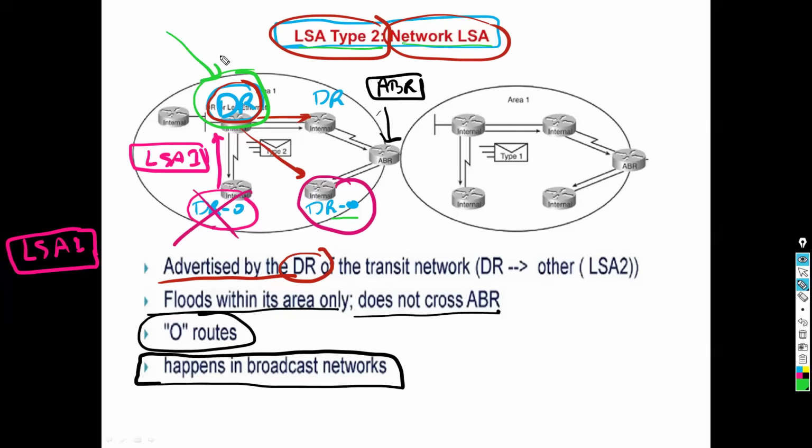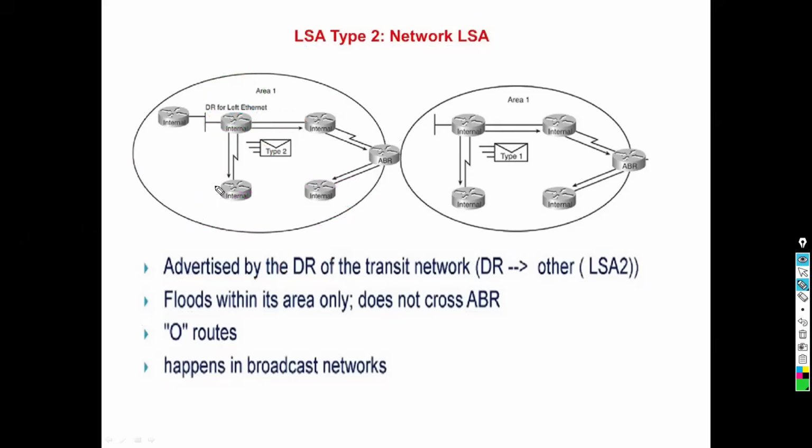What is LSA 1? It's a very important topic. If you are giving an interview, in OSPF they will ask you to explain LSA 1 and LSA 2. LSA 1 means whenever a DR other router sends an update to the DR, this is called LSA 1.